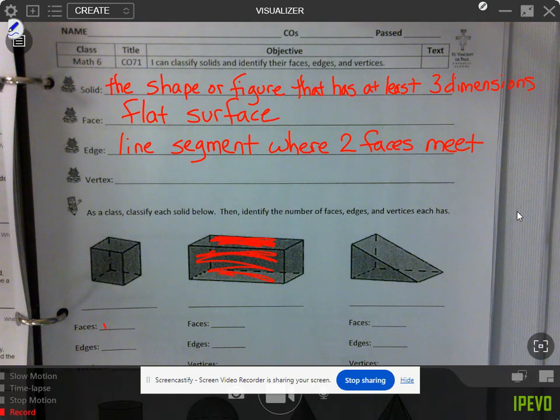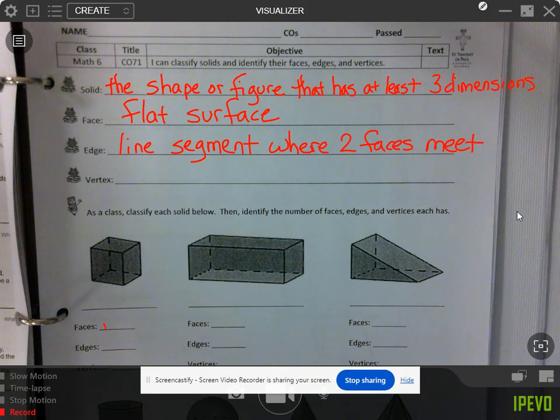The edge is where those 2 faces meet, that line. So we have another face on the side here. So then we would have another edge here, an edge here. So it's where the 2 faces meet. Those are our edges. So those line segments, the straight line, are our edges.